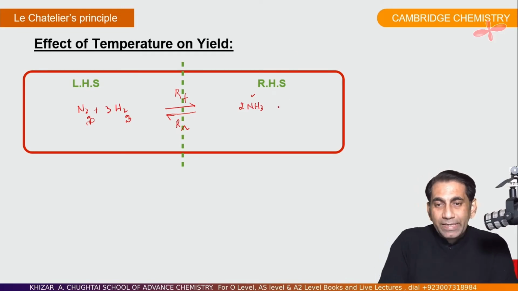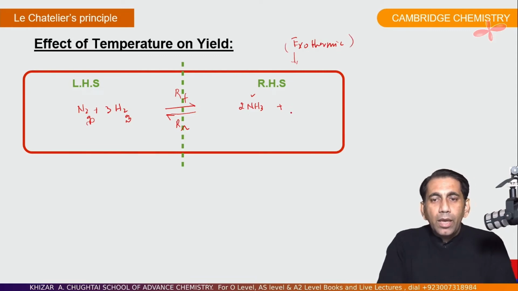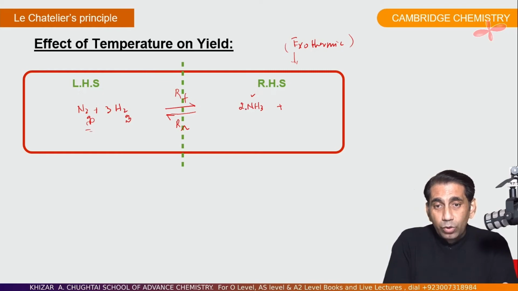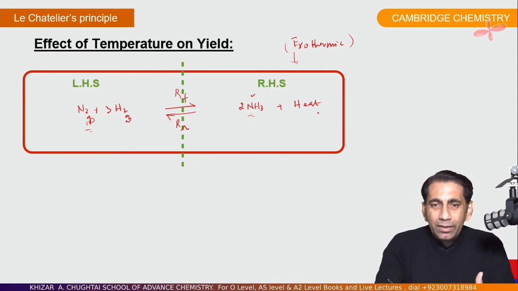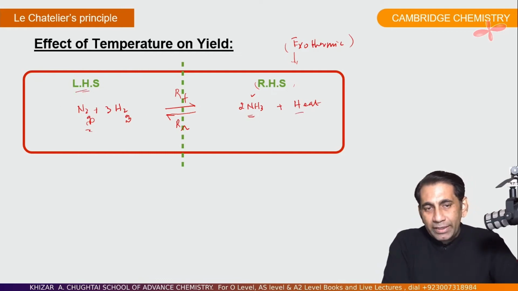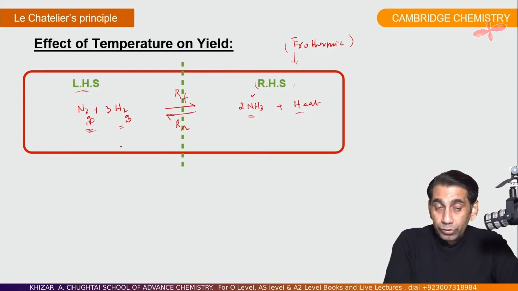And this reaction is basically an exothermic reaction. Exothermic reaction can be written as reactants go to the product plus, we can write heat as a product. So basically, once again, this is the right hand side of the equation that is having ammonia and heat. This is the left hand side of the equation that is having the reactants, nitrogen and hydrogen.